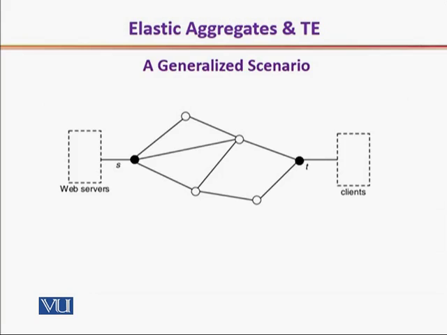Here we see that we have clients which are represented by this dotted rectangle. These clients are connected to the network through a stub router represented as T, which is in turn connected to an ocean of routers.